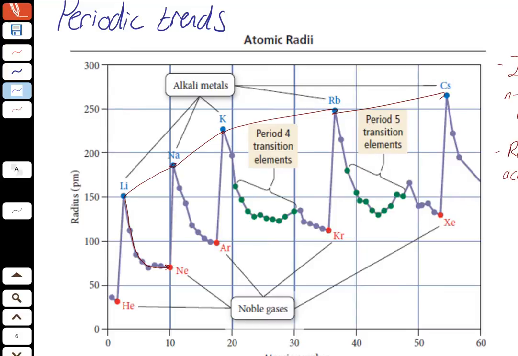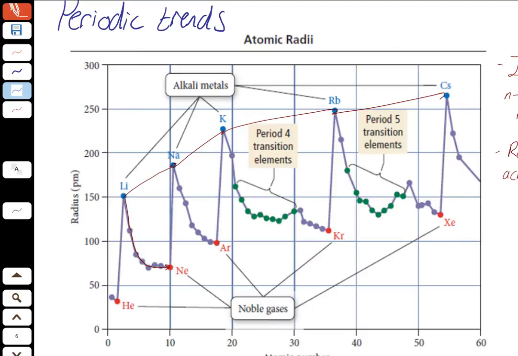All right. So we can see some kind of weirdness happening here, some back and forth going on, and a lot of that has to do with the relative energies of the orbitals. So yes, in general, what we said is true, but there's a contraction from the d electrons that then causes kind of a bump in size, because we know the p orbitals are actually a little bit bigger and a little bit shielded by the s electrons, kind of.